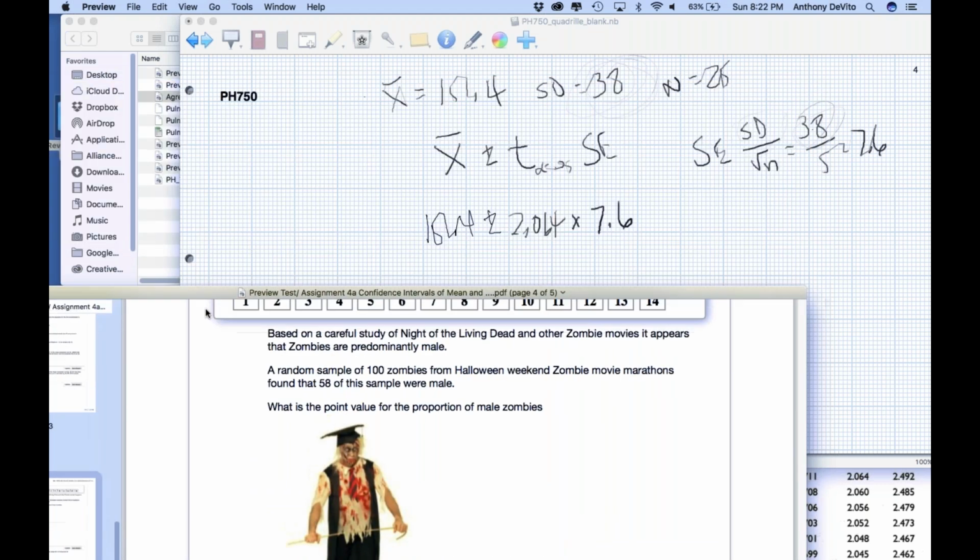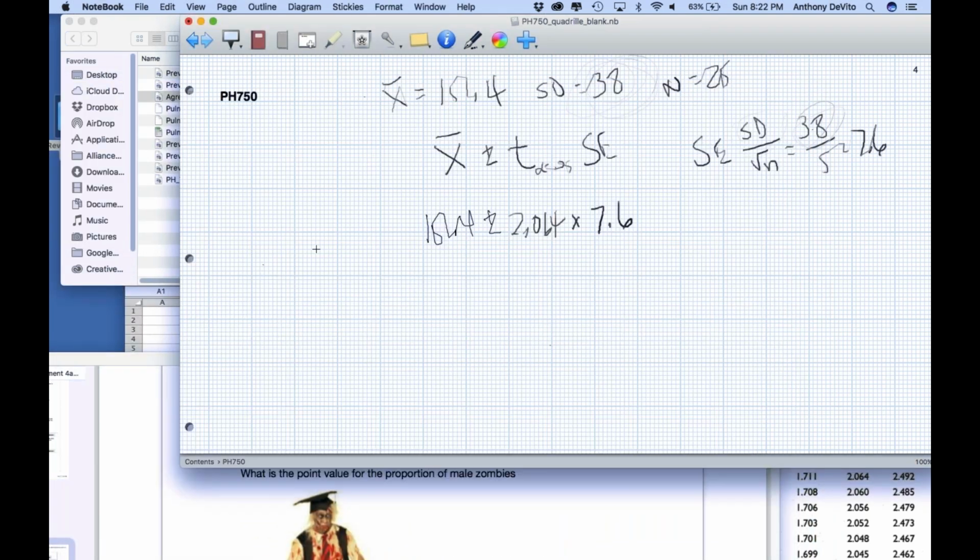So 58 out of 100. My true proportion, P, the percentage of male zombies, is unknown, right? We're never going to know a true proportion because we're not going to sample all of them. They're hard to find.